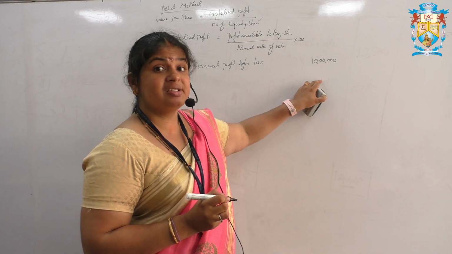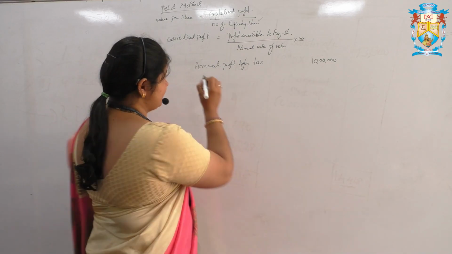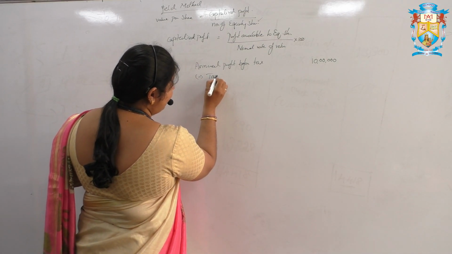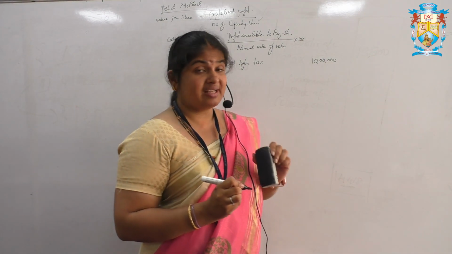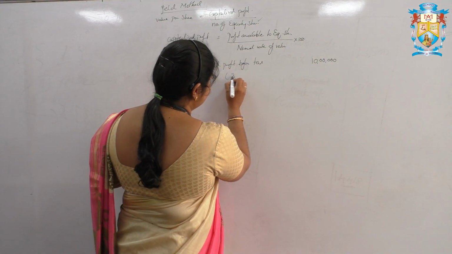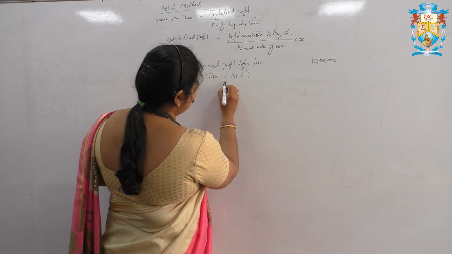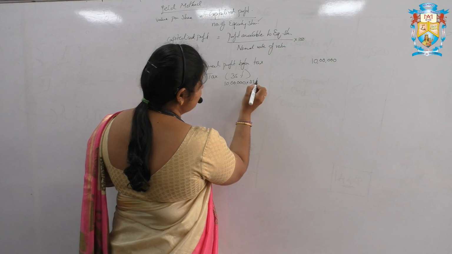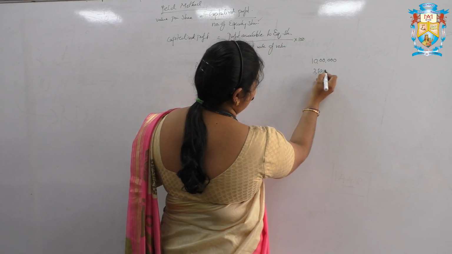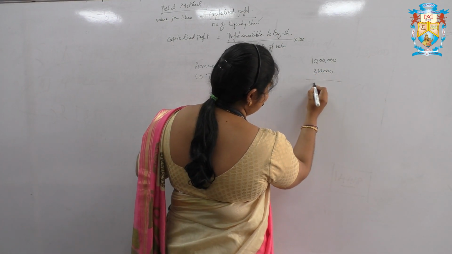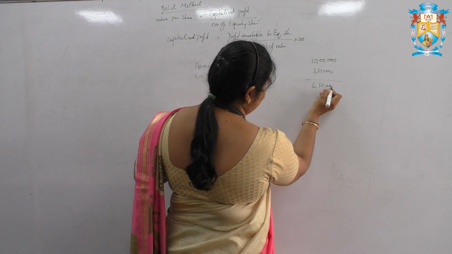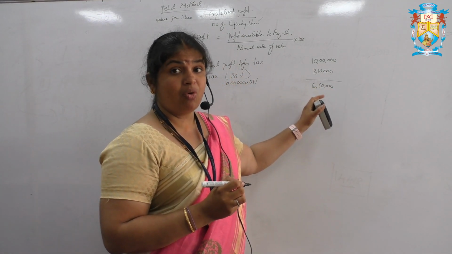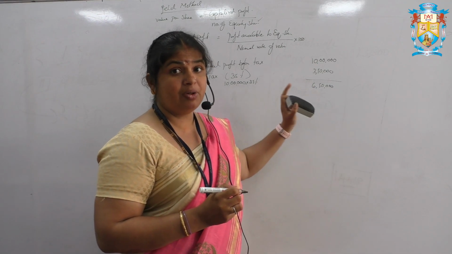Next, if it is before tax, then you have to deduct tax. Rate of tax is given, that is 35%. So 10 lakh into 35% is 3,50,000. Now what is the balance available? 6,50,000.